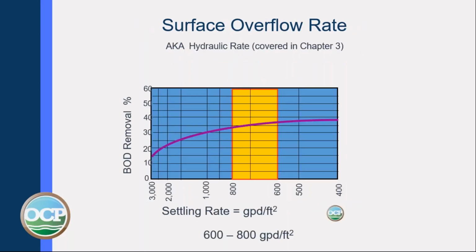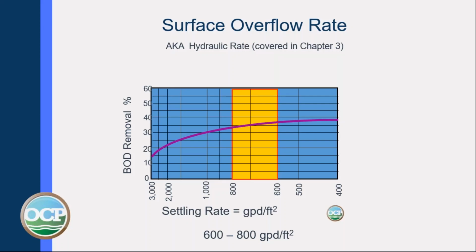Surface overflow rate is also used to size primary clarifiers. You've covered it in chapter 3 in the biology section. It's hydraulic rate. It's the gallons per day per feet of surface area. So it's gallons per day per square foot.